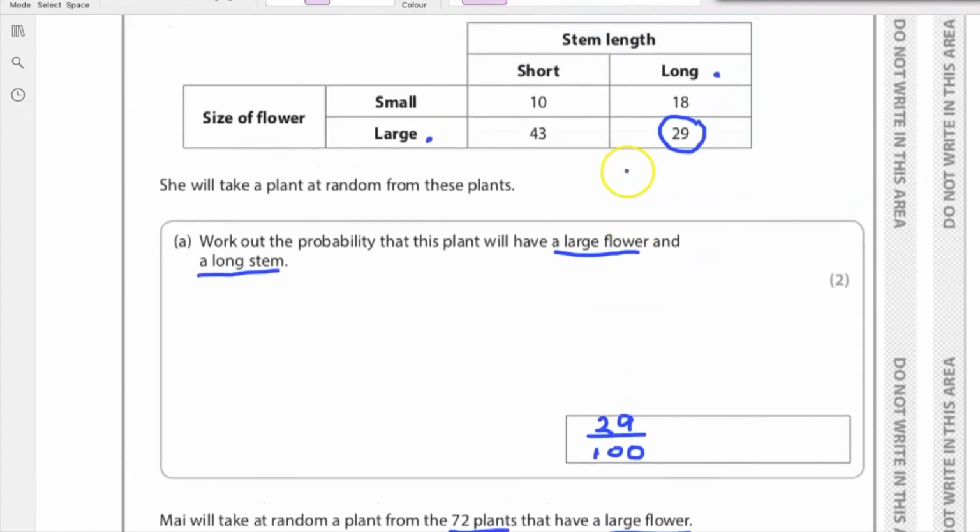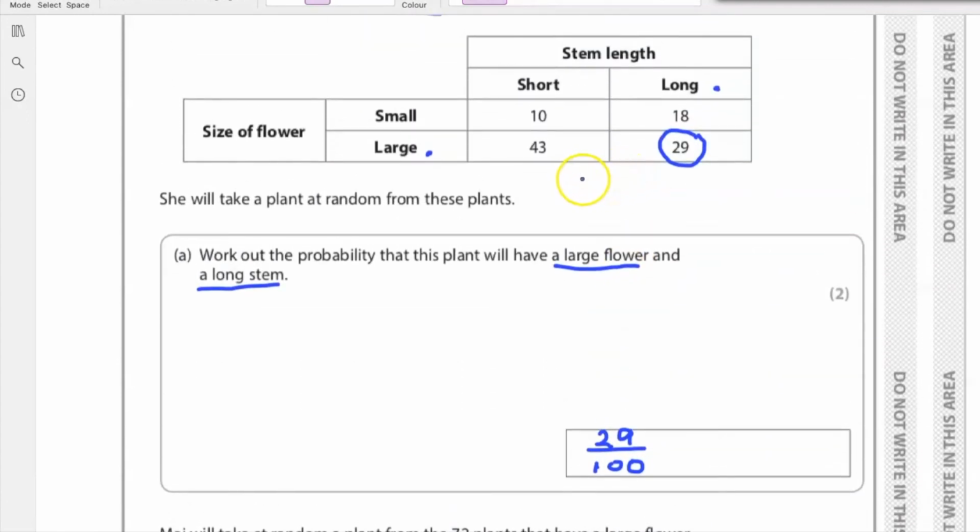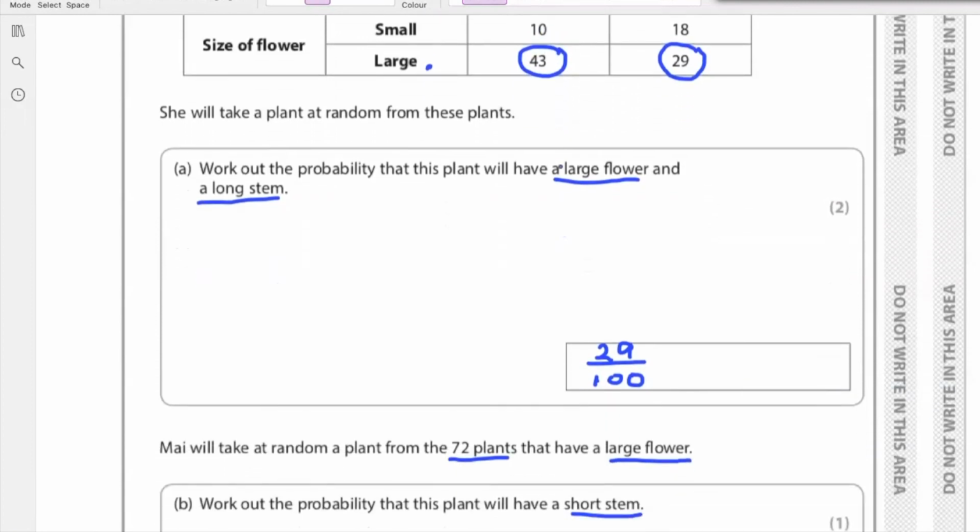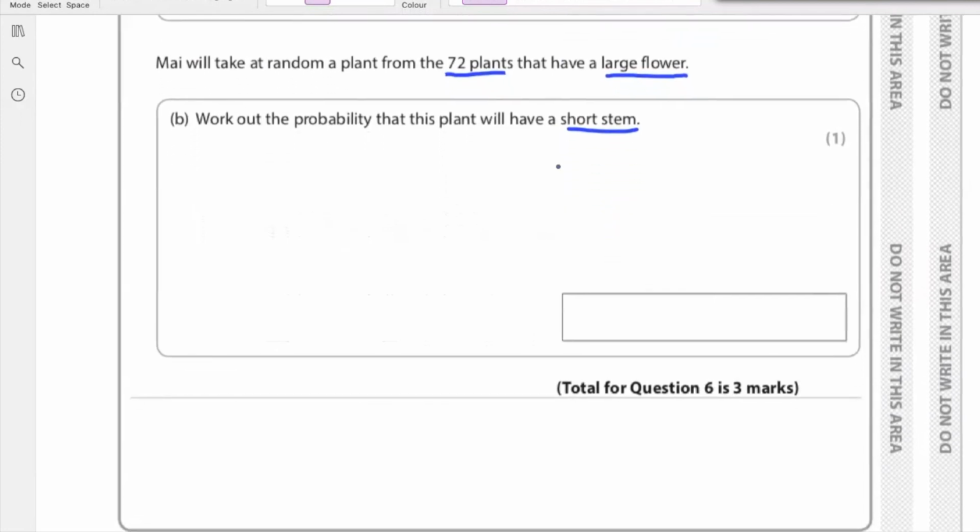This time around, out of 72, we have a large and a short, which is 43 out of 72.